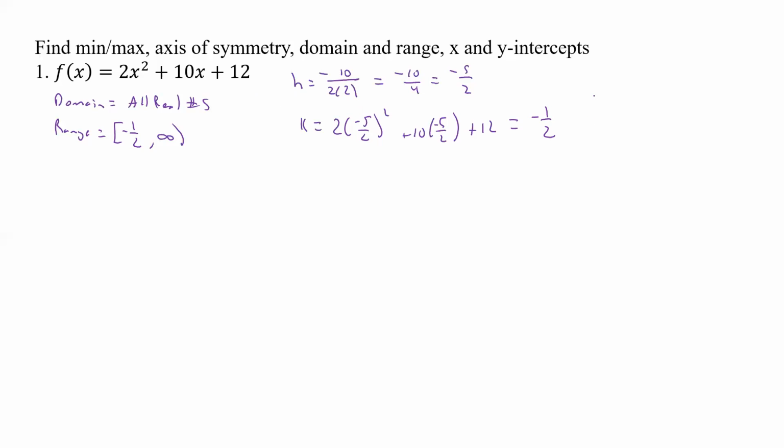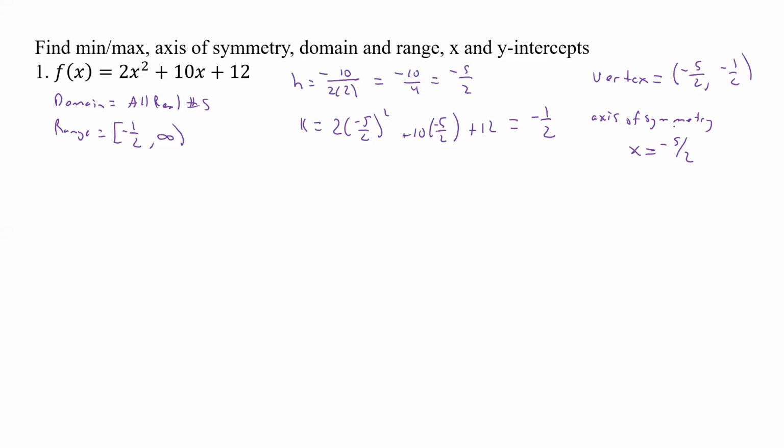So we also have a vertex because we said we need the, didn't it say vertex? Nope, didn't say a vertex, but we've got our vertex now, and that's going to be our h comma k. So negative 5 halves, negative 1/2. And from the vertex, we can get our axis of symmetry because that's going to be x equals what? Negative 5 halves.